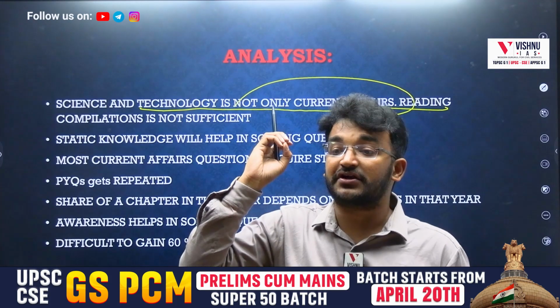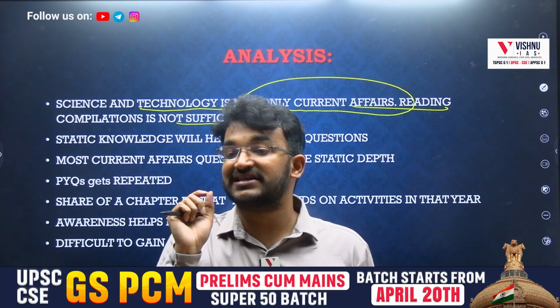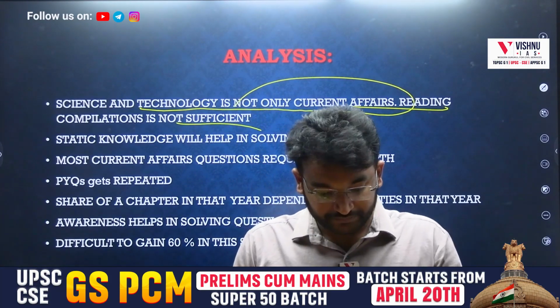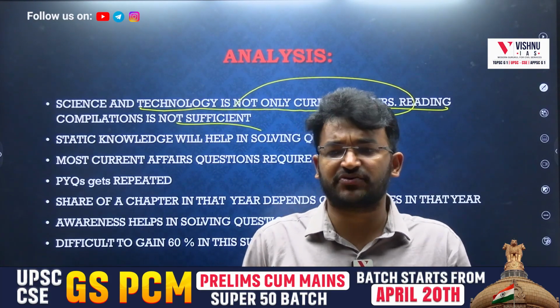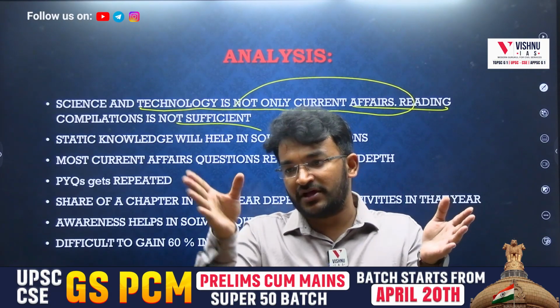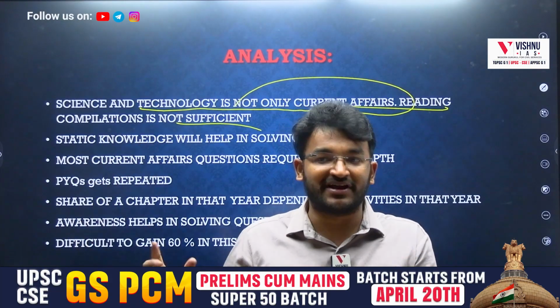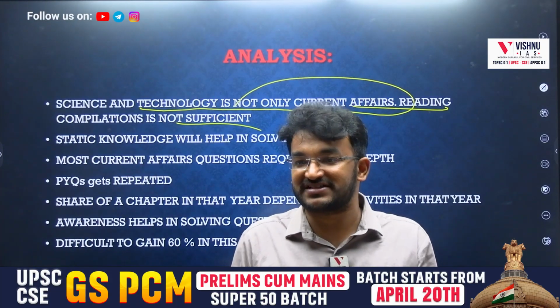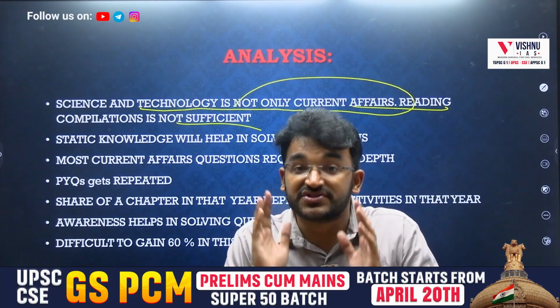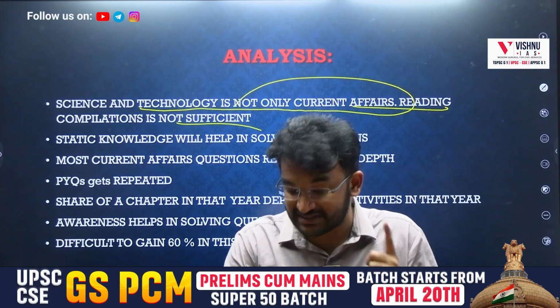Now that is not at all sufficient. The reason is, say in the current affairs compilation, what will be there? Take the case of yesterday's example only. Kalpakam fast breeder reactor. What is a fast breeder reactor? And where is Kalpakam located? That won't be sufficient for the exam, right? So we need to have better static knowledge.